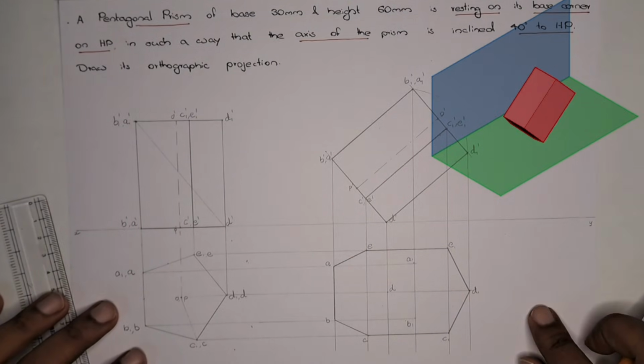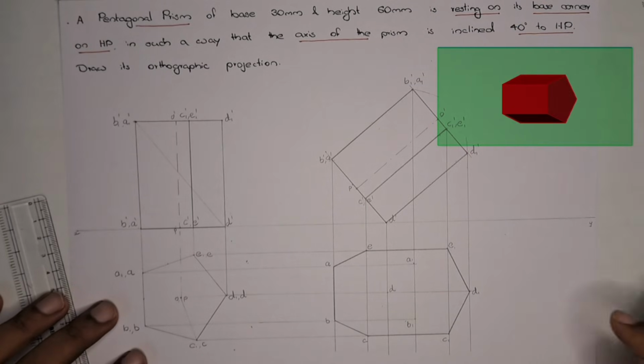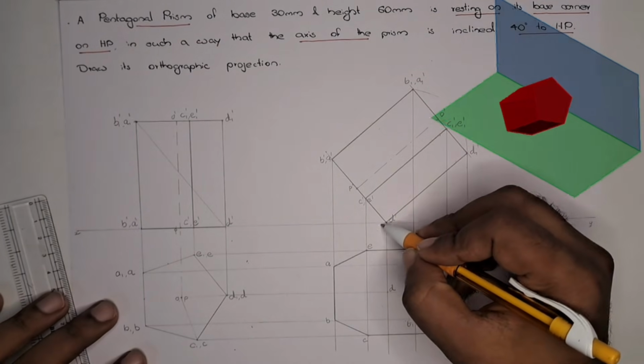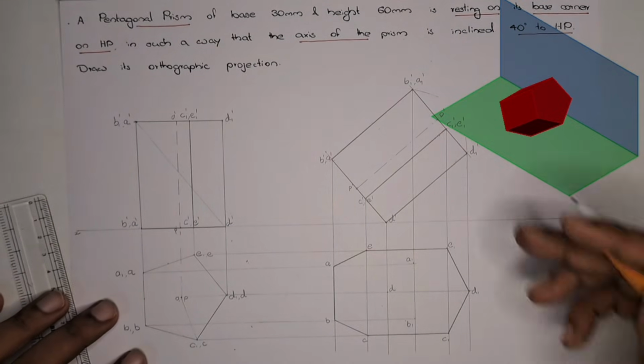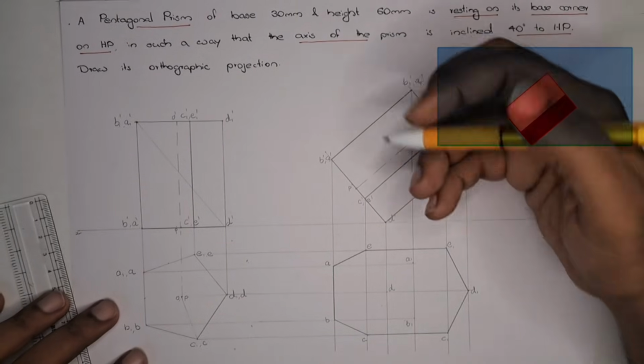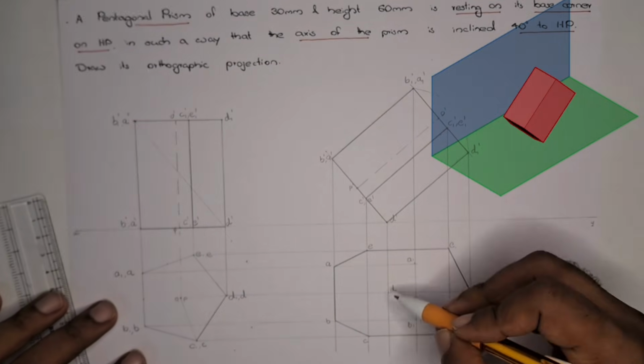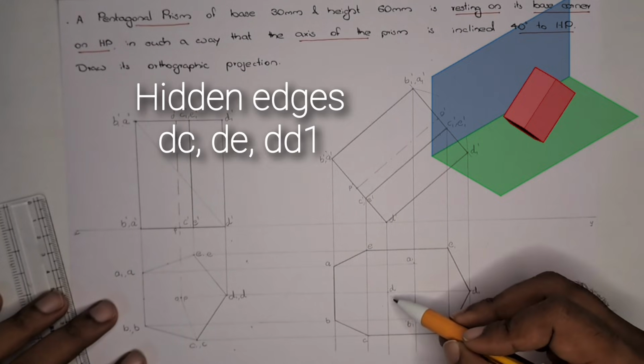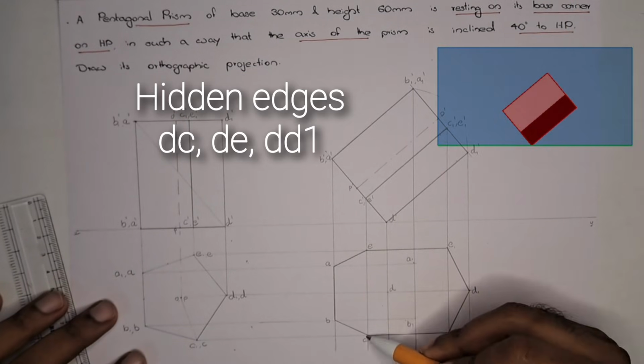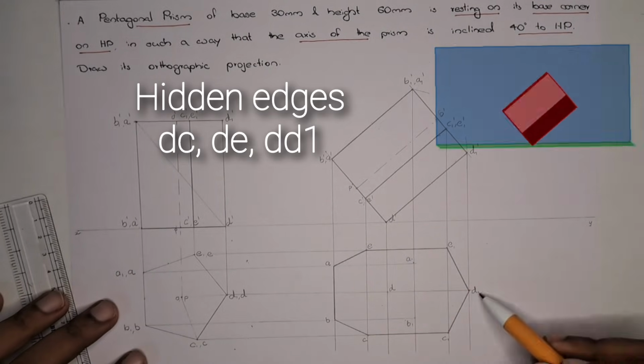Now we need to find out the hidden edges. So here D dash is the point. So when we look from here, we can't find out the D dash on the top view. So there will be three lines from D, that is DC, DE, and D1.